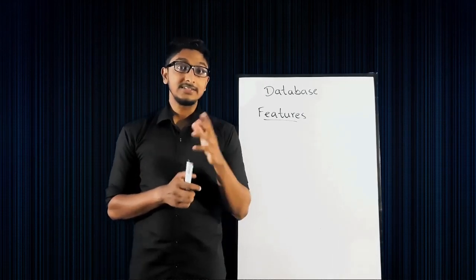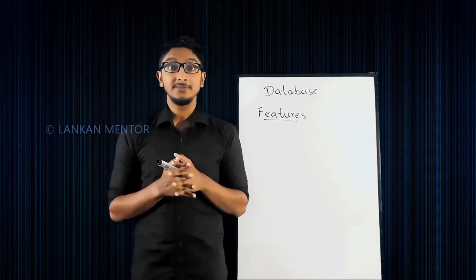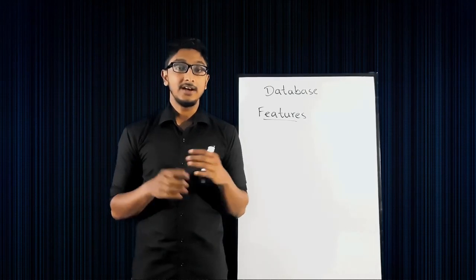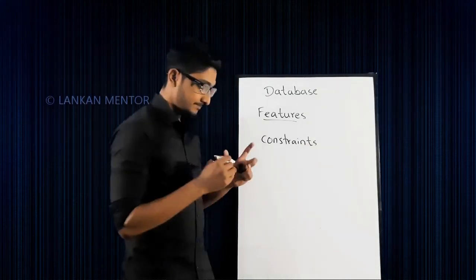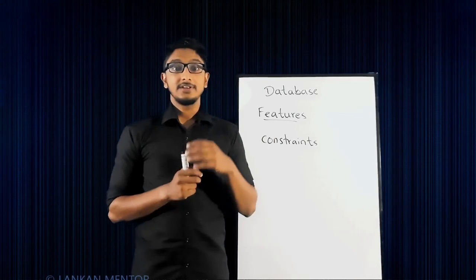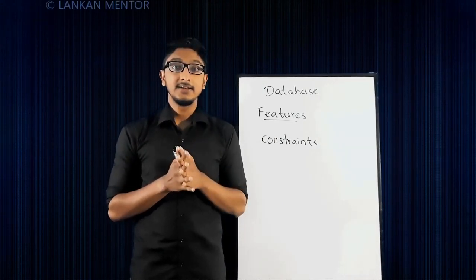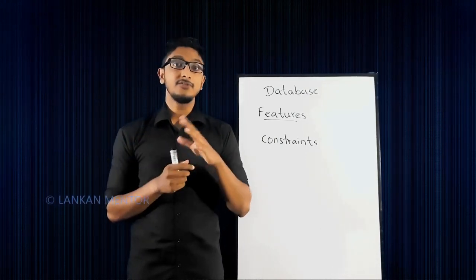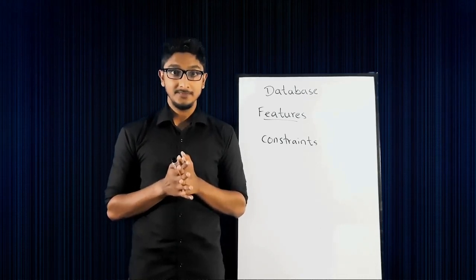But there are certain rules that you can set up in an electronic database so that there are no mistakes. There are certain constraints, we'll learn that. Constraints will ensure your data is accurate, so you don't have to worry about misinformation with an electronic database.